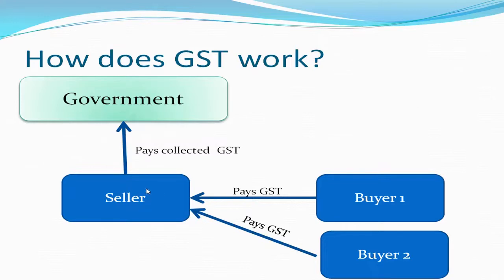Now the seller collects the GST from its buyer and he is supposed to pay this collected GST to the government, respective government, right? So depending on which kind of sale it is, based on destination of buyer and seller.